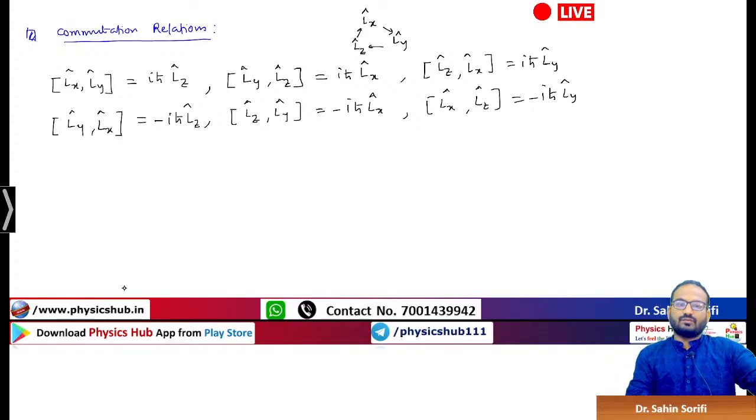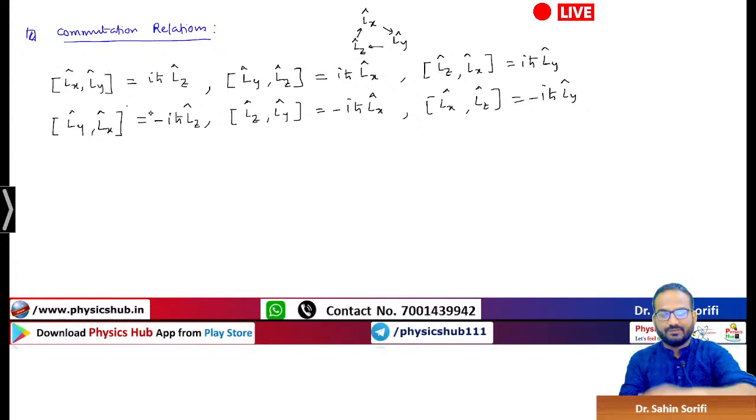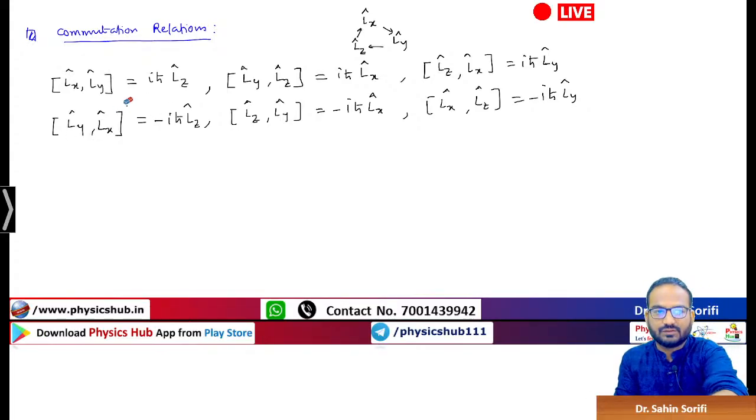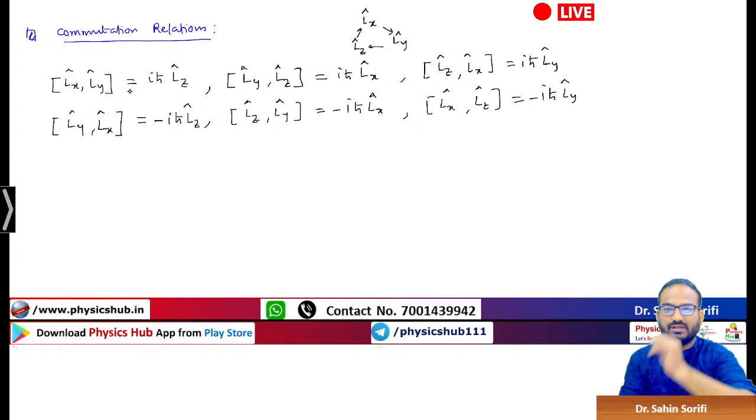So what does it mean? What is the physical significance of it? The commutation between two components of the angular momentum is non-zero. It means the two components of the angular momentum cannot be measured simultaneously. That is what the meaning is.